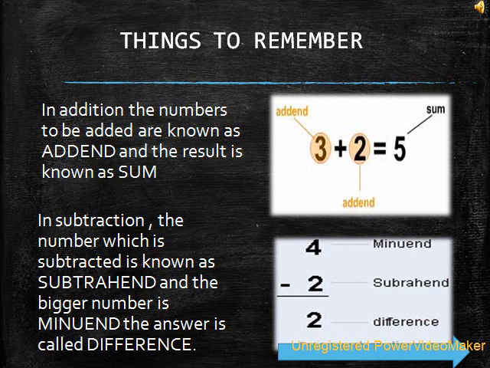Whereas in subtraction, the number which is above, the bigger number, is the minuend, and the number which is to be subtracted is the subtrahend. The answer will be known as the difference.